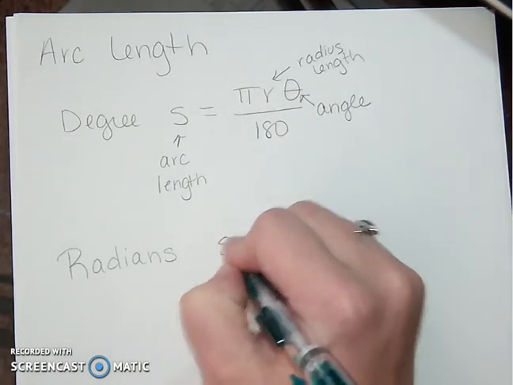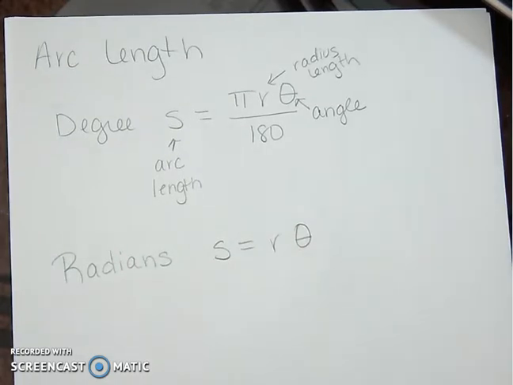So this is S equals r theta. What this brings about is, if you're ever confused about which formula to use, say you're just given the S and the R, radians is the easiest angle to solve for. Then you can always convert it to degrees later.